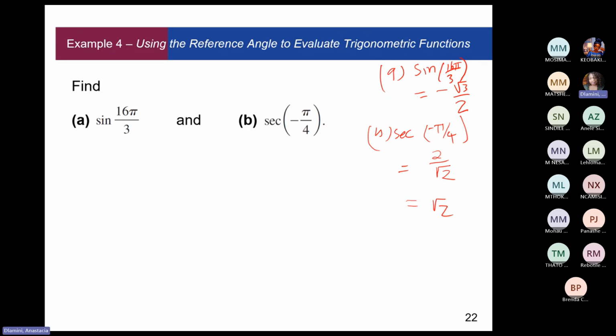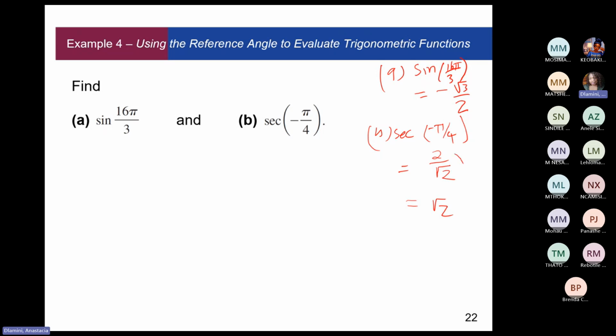Before we advise that, did you understand your previous videos? Because this is literally previous work. Oh, now I see, ma'am. Okay. So someone might ask, if there's 2 over 2, why is it root 2?